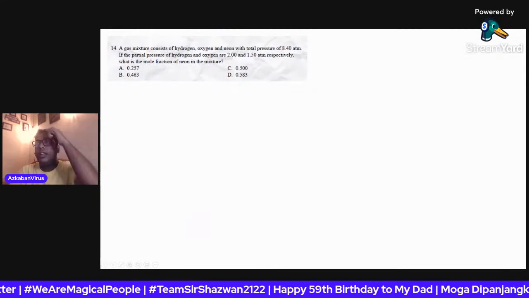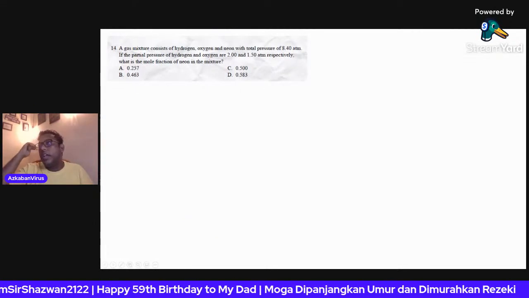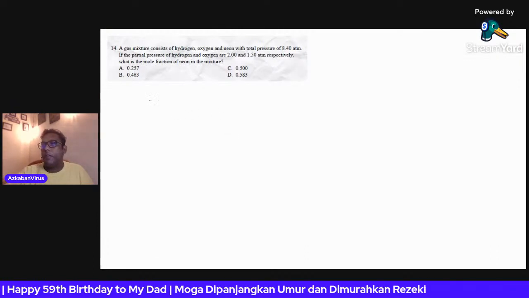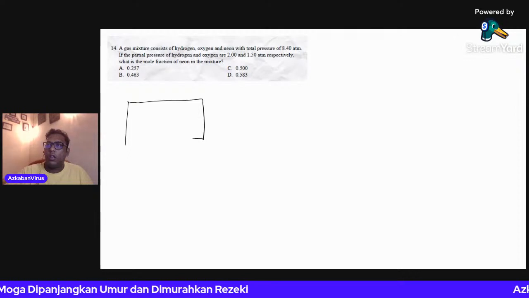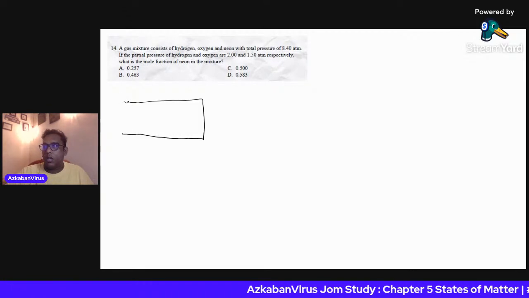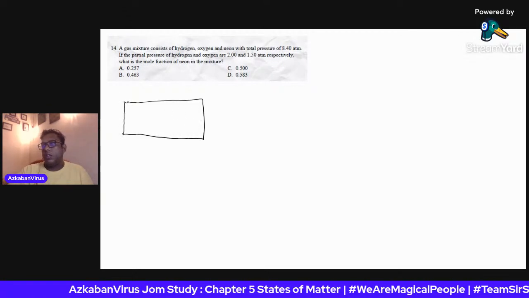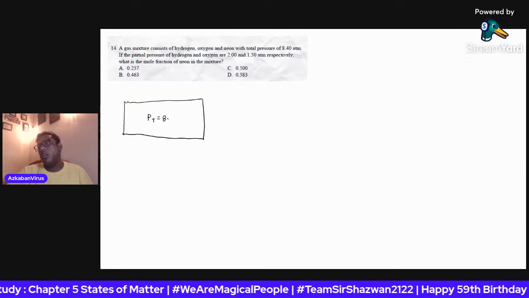Dan berikutnya, a gas mixture consists of hydrogen, oxygen and neon with a total pressure of 8.4 atm. P total is equal to 8.4 atm.